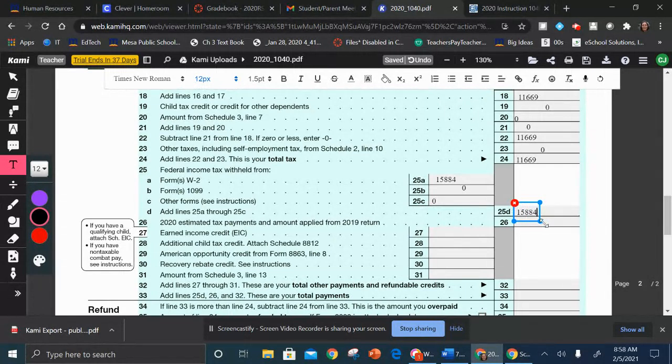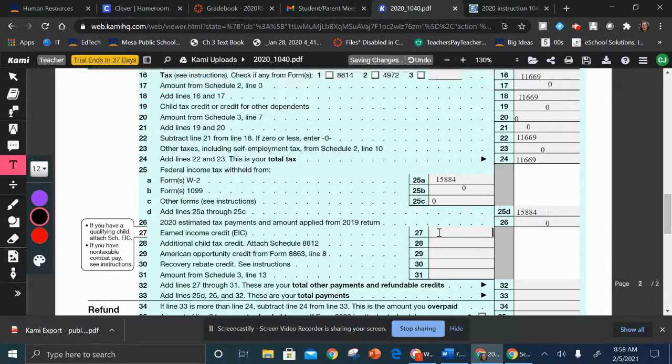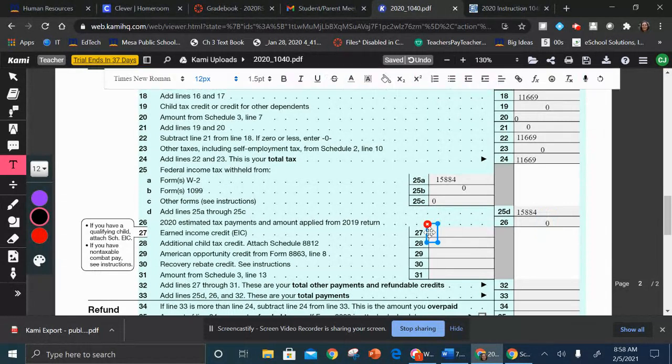Okay, so if you applied any extra tax, thinking you might have a year where you have to pay more tax. Okay, earned income tax credit, everybody. That can be money, additional child credit, opportunity credit. So everybody, like for education, they do actually let you do this.